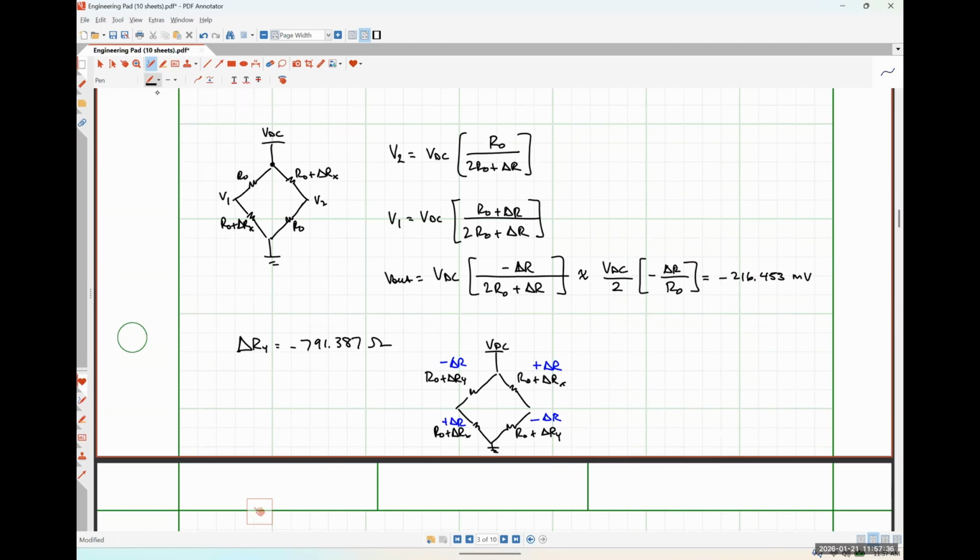So in this case, V2, which is this voltage here. Sorry, this is getting so busy. So that's going to be VDC. The one on top is going to be R naught minus delta R. And then on bottom, we're going to have R naught plus delta R plus R naught minus delta R. So that's just going to be twice R naught.